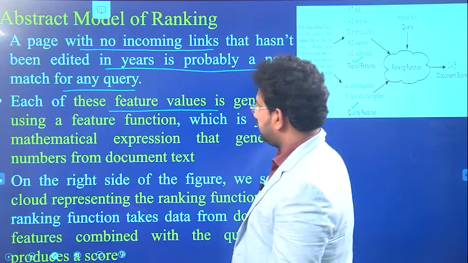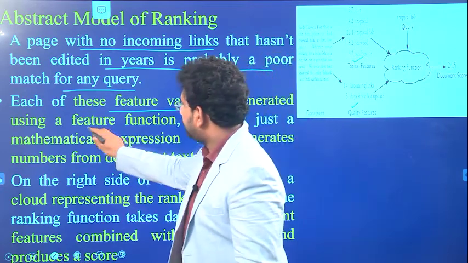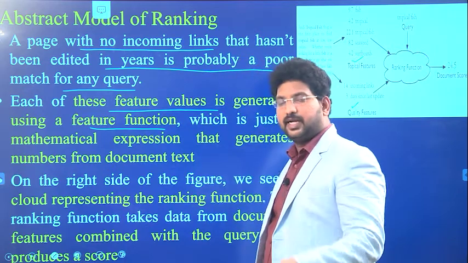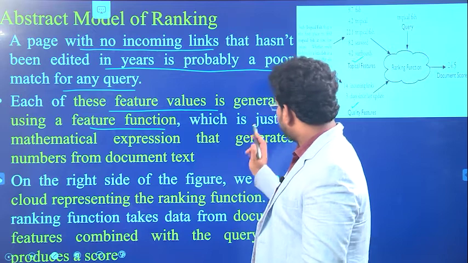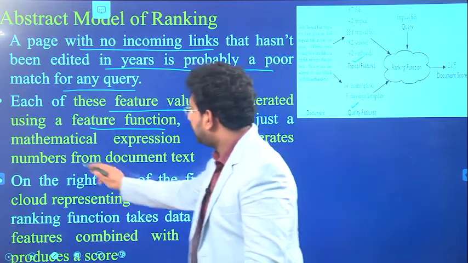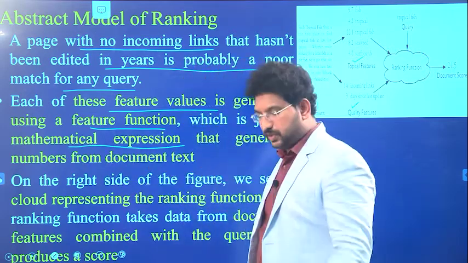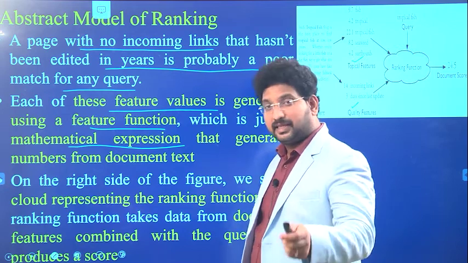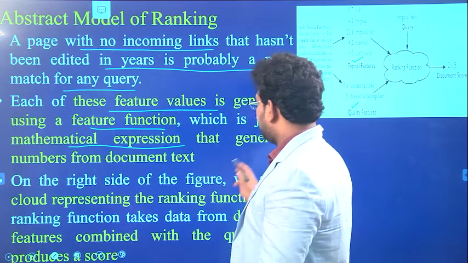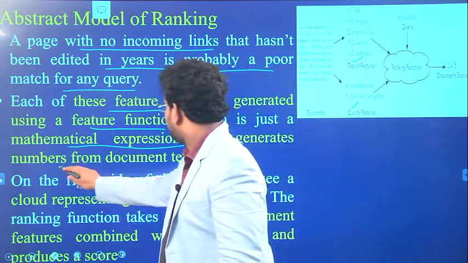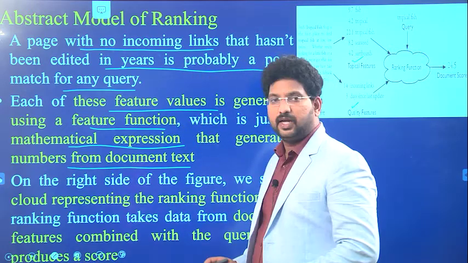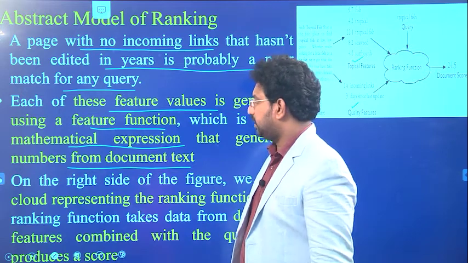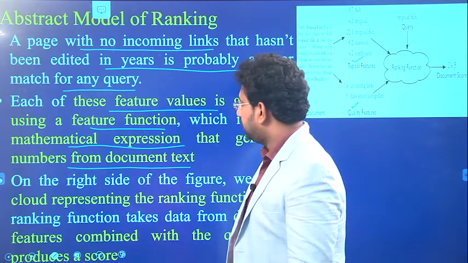These feature values are generated using a feature function, which is simply a mathematical expression that generates numbers from the document text.